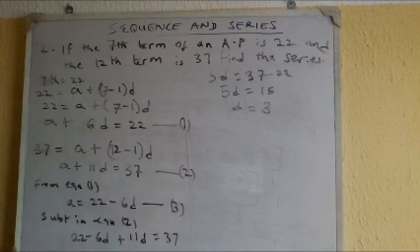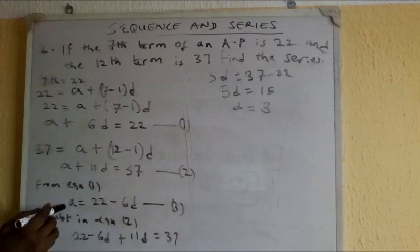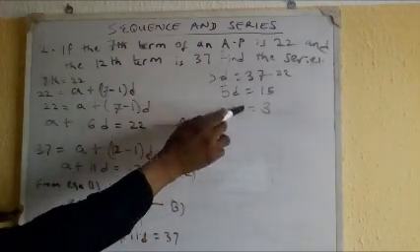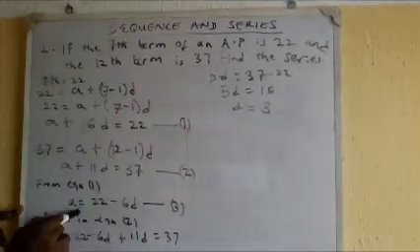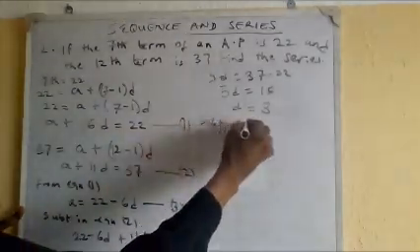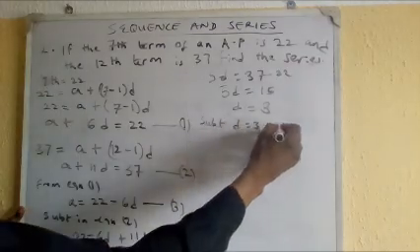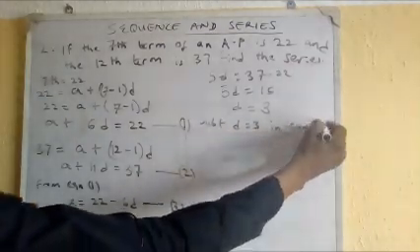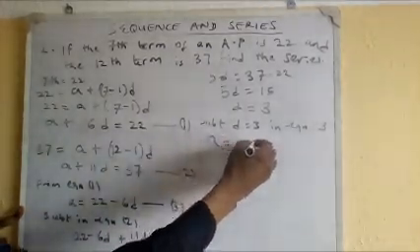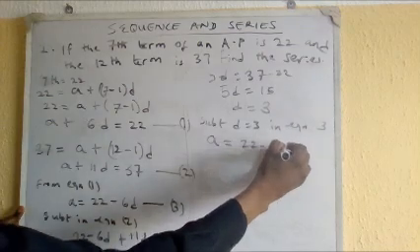So I can now go ahead and substitute D is equal to 3 in equation 3. See how I've marked my equations so I can know them. So substitute D is equal to 3 in equation 3. Equation 3 is A equals 22 minus 6D.